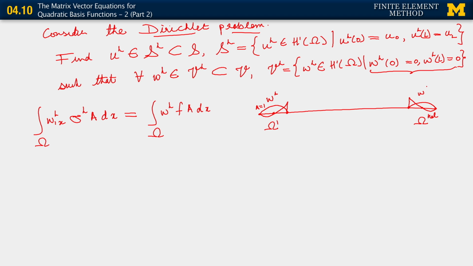Likewise, for the weighting function here, our node A equals 2NEL plus 1 has no contribution. However, node A equals 1 and node 2NEL plus 1 do have contributions for u^h. It's only for w^h that they don't have contributions. Okay? All right. When we work things through, here's what we will get.